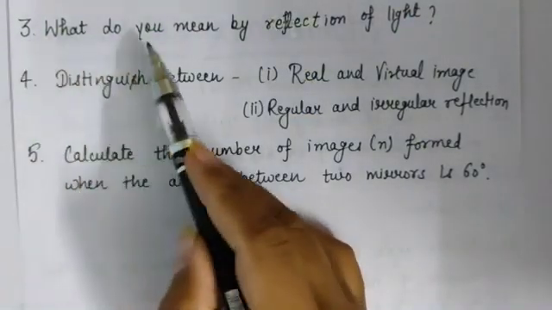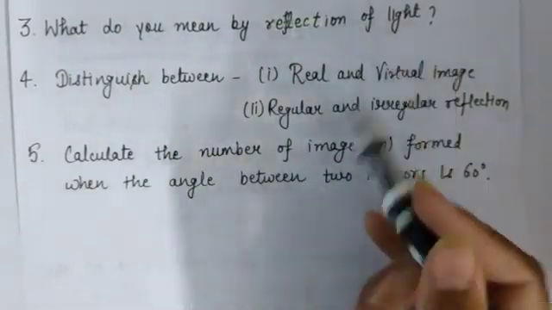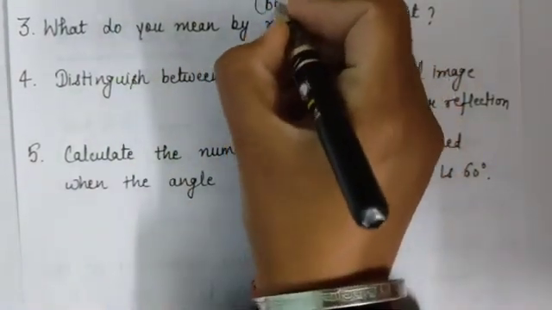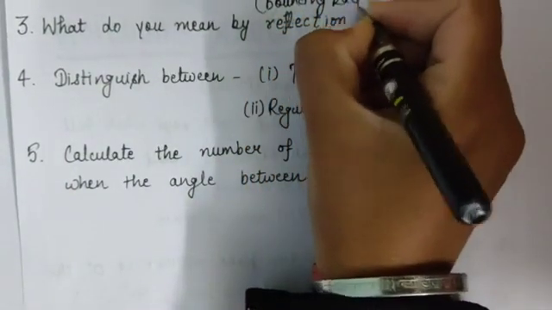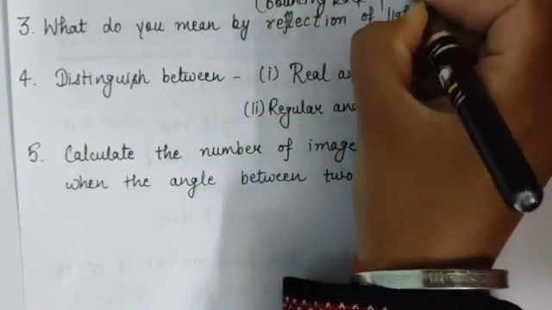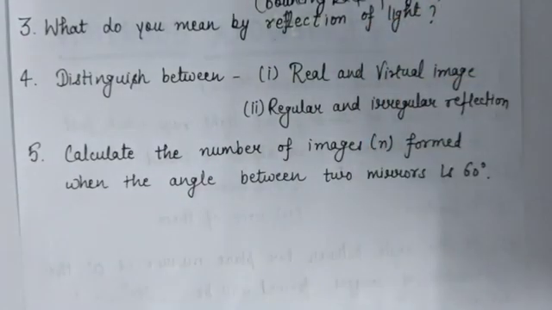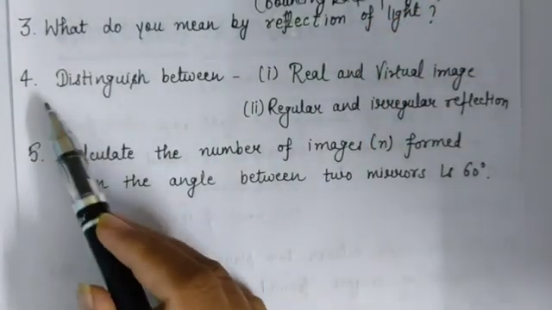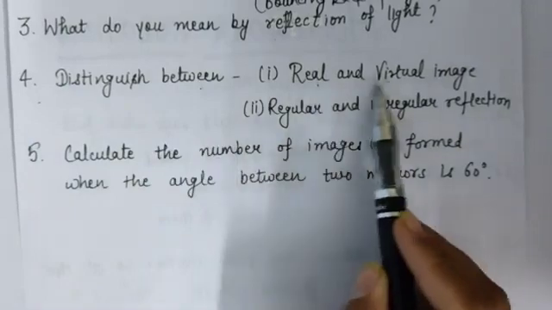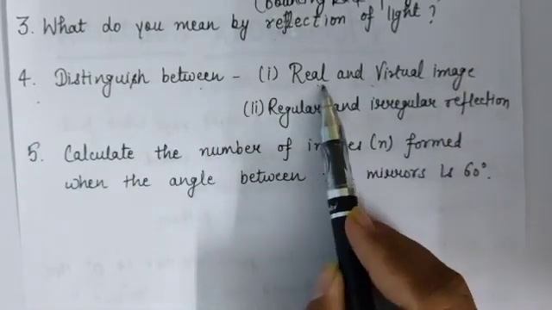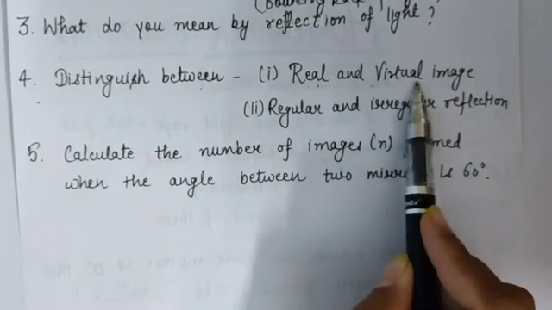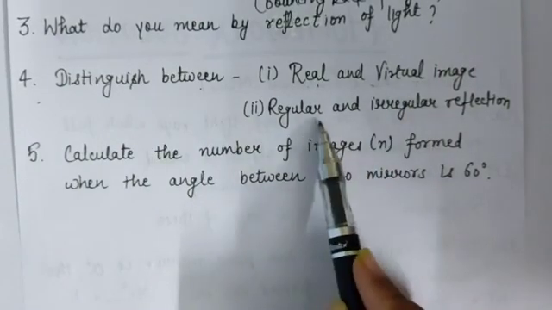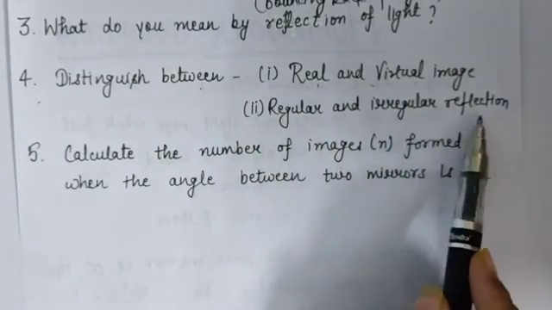Now third question, what do you mean by reflection of light? Bouncing back of light is called reflection of light. Now question number 4, distinguish between real and virtual image. So a real image can be obtained on a screen, but a virtual image cannot be obtained on a screen. And what is the difference between regular and irregular reflection?